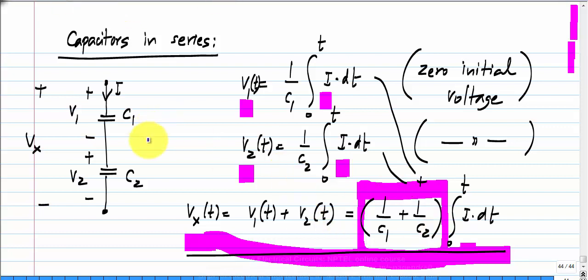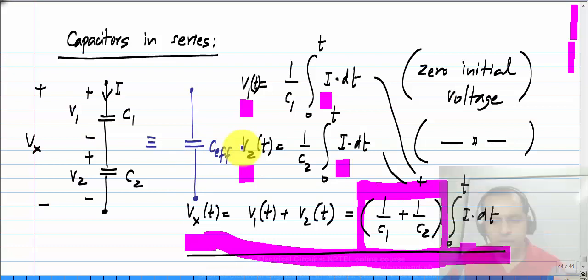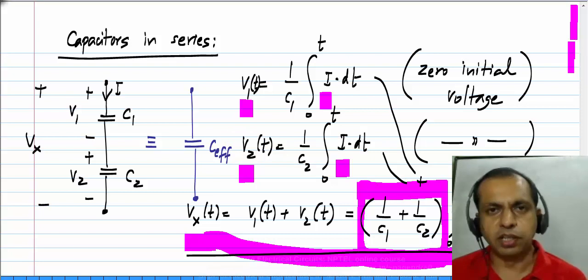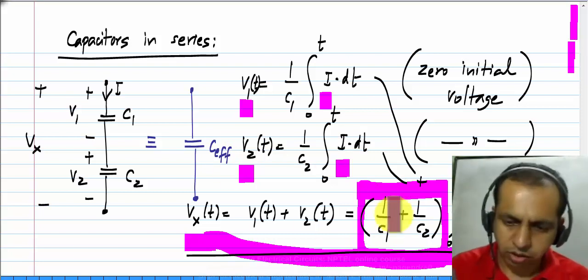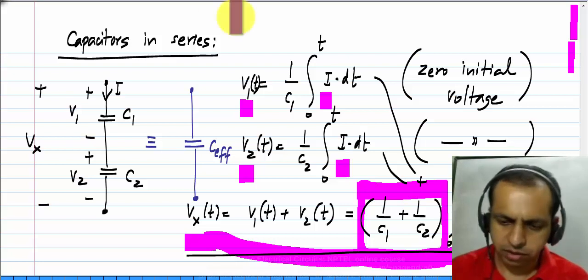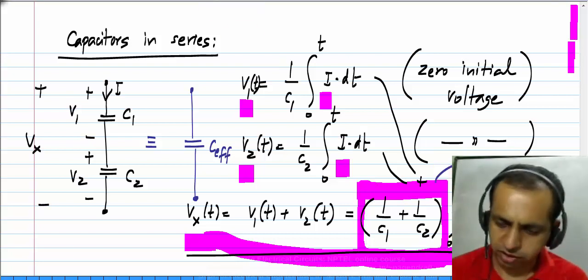So the nature of this relationship says that the whole thing is equivalent to some capacitor C effective, and the proportionality constant tells you how much that is. This constant in front of it should have been 1 over C effective. Okay.